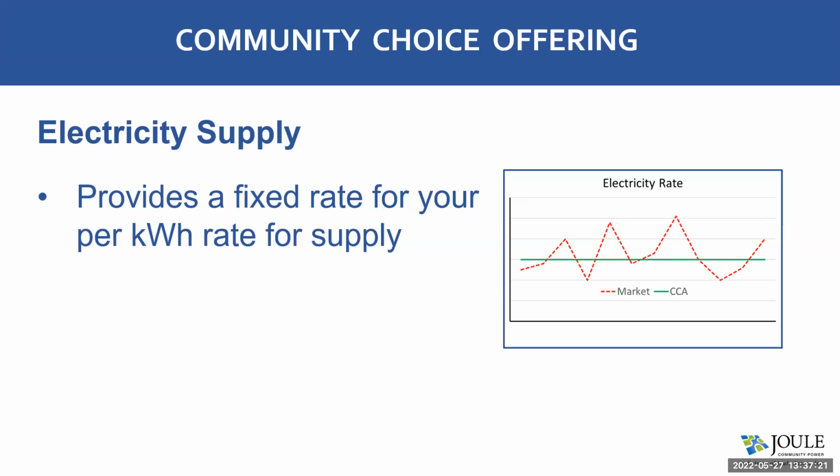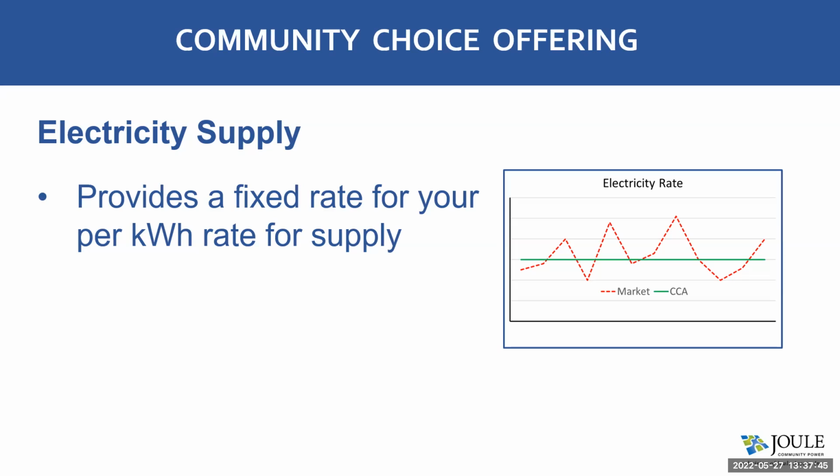Okay, so talking about electricity supply, again, this program provides a fixed rate for your per kilowatt hour rate for electricity supply. So let's think about that for a second. Looking at this graph over here at the right, you can see the red dotted line represents the market rate and the green line represents the CCA, Community Choice Aggregation Program.